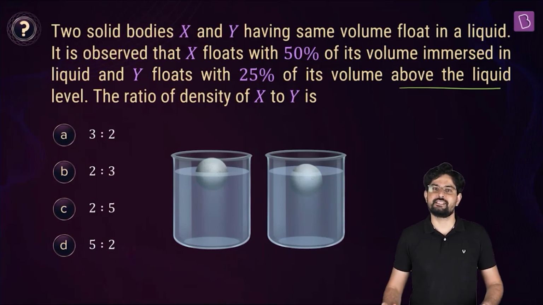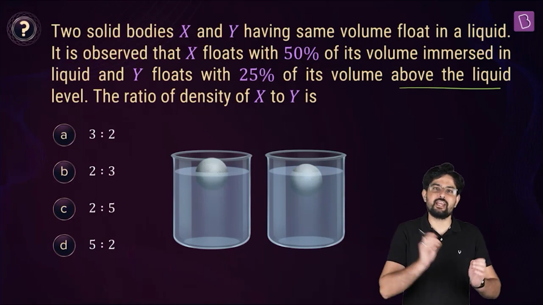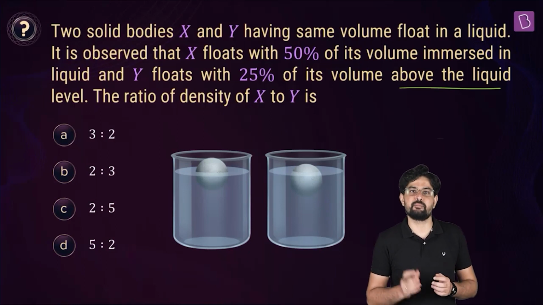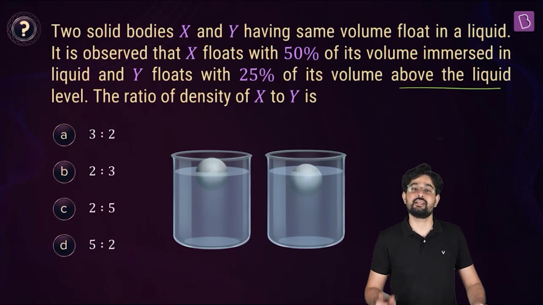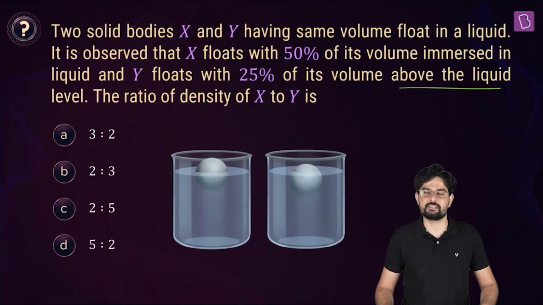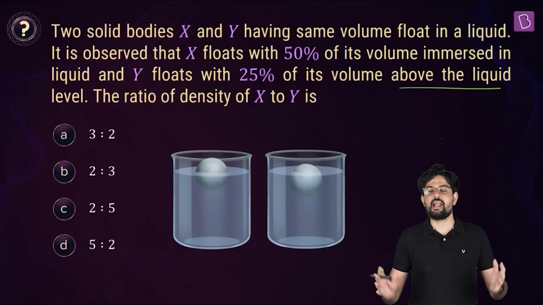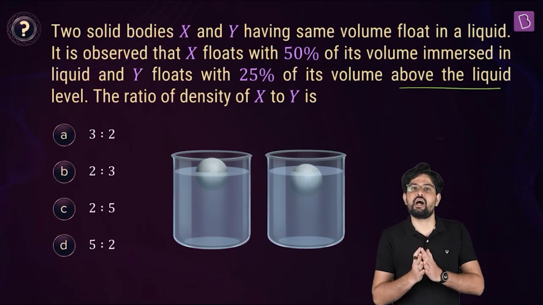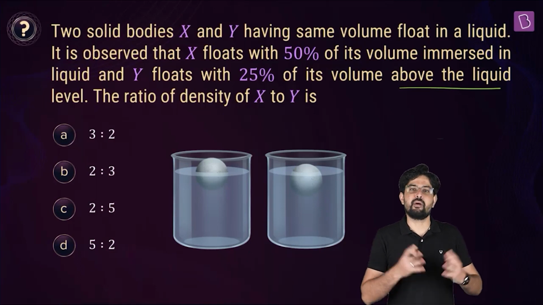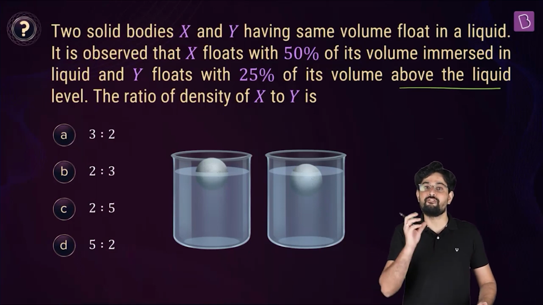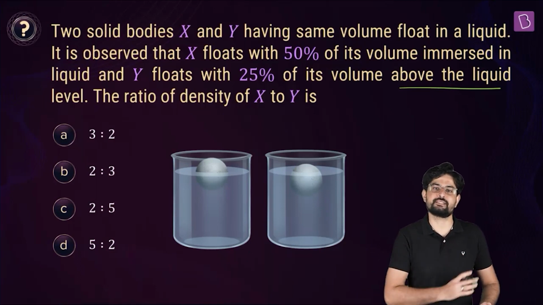Now in both the cases, the weight of the object is balanced by the buoyant force, right? And the liquid is the same in both the containers. And we know that according to the Archimedes principle, the buoyant force is equal to the weight of the liquid displaced, right?